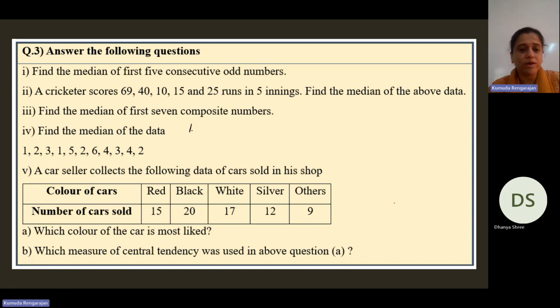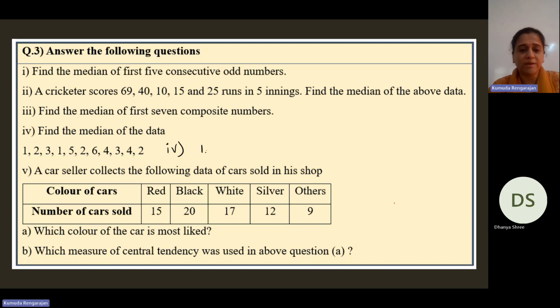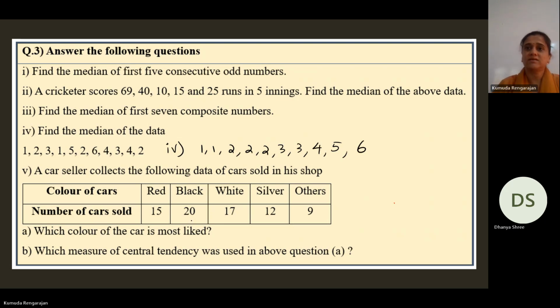Tell me, 1 how many times? 1, 2 times, then 2, 3 times, 3, 2 times, 4, 2 times, 5 once, 6 once. This is correct? Okay. So 1, 2, 3, 4, 5, 6, 7, 8, 9, 10, 11.